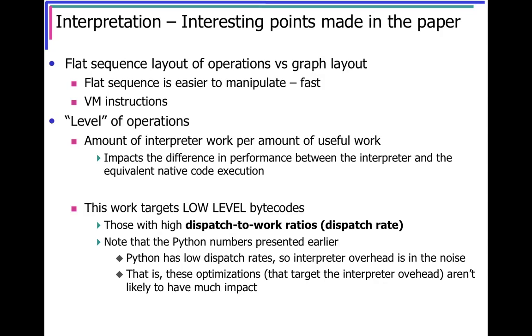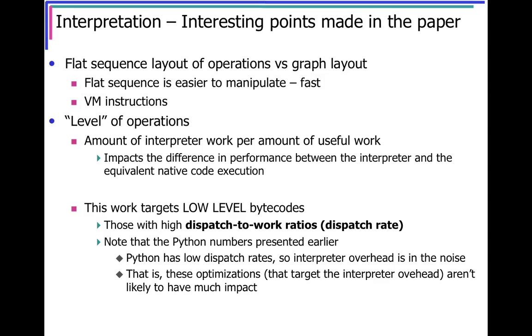The amount of interpreter work per the amount of progress we make in the program dictates the level of the operation. So again, let's say if you have Java instructions where you already know the type, then in order to execute that instruction, you do less work because you don't have to figure out what the types of the operands are.